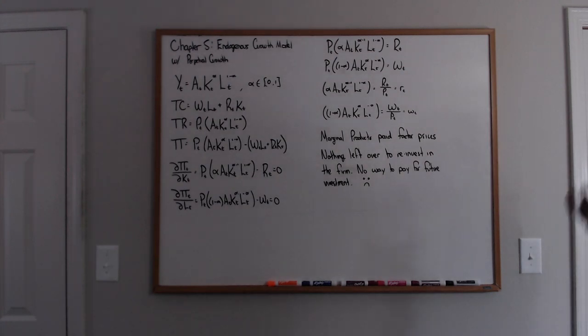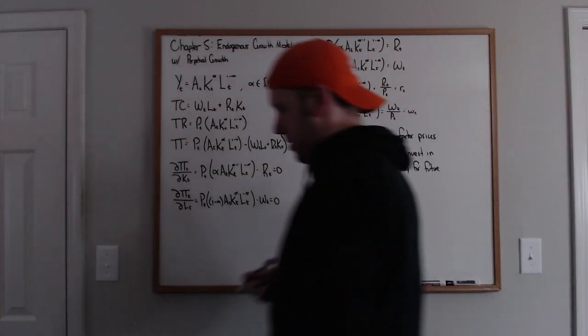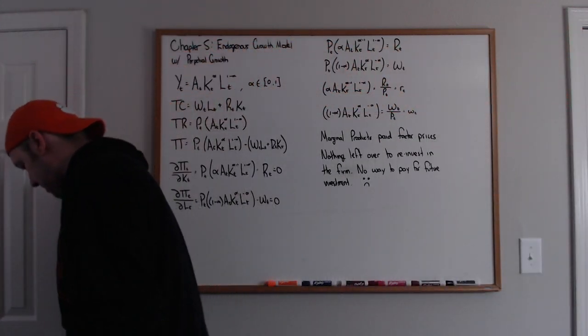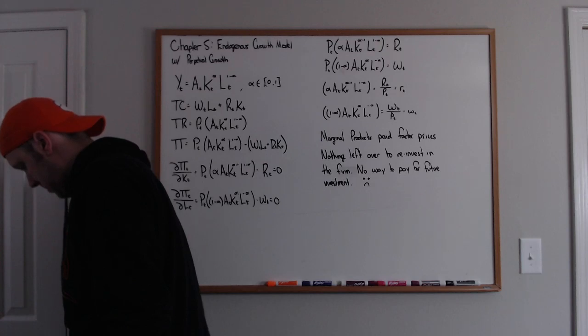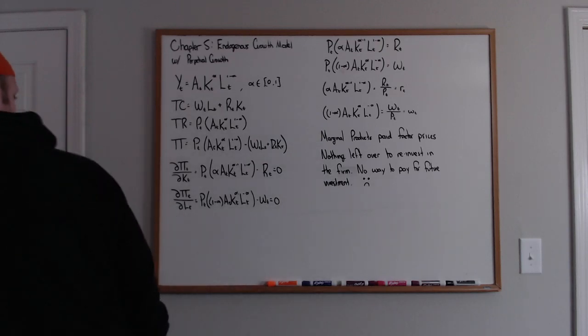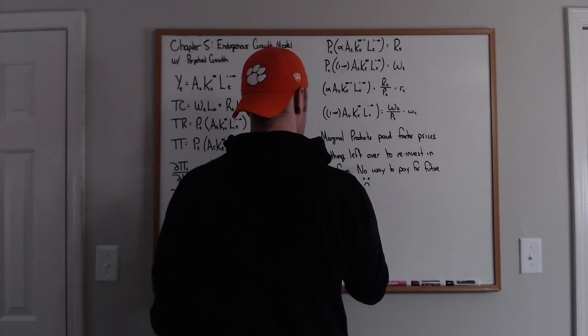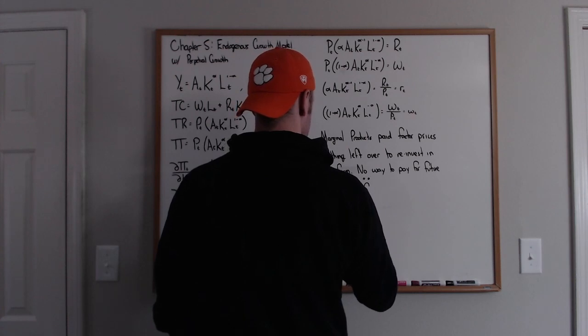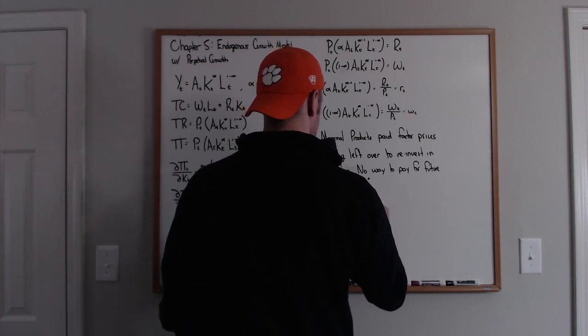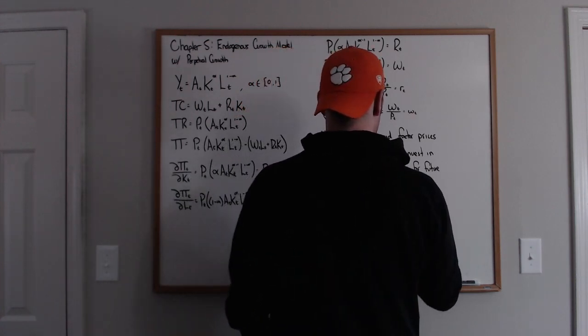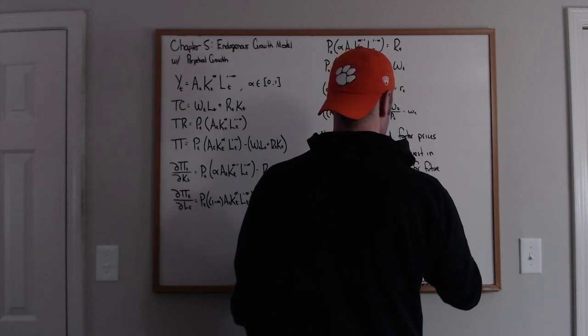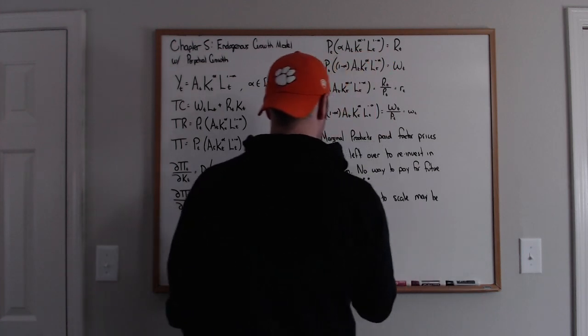Alright, but what if we had increasing returns to scale? Do we think that could maybe give us something a little bit better? I'll say increasing returns to scale might be a bit better.